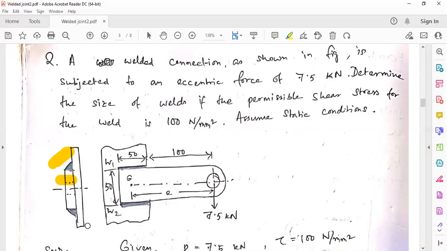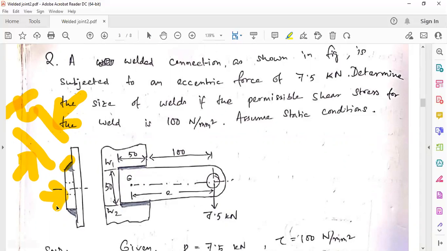It may not be clear to you, but have a look, this line here, from here to here. Quickly let me tell you, this part is t, this is t, we find t, and from here to here, this part is h.